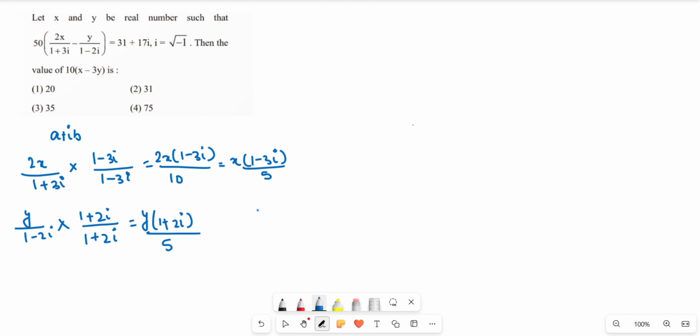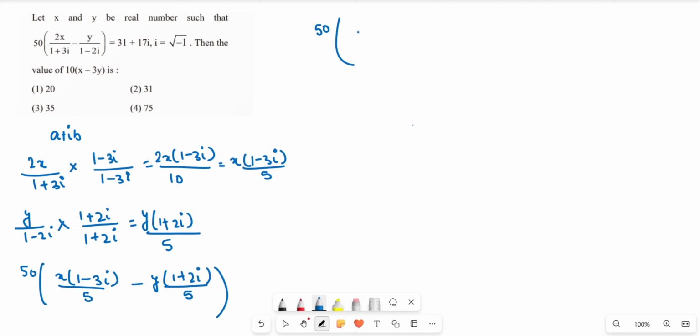Now I'll substitute these two values in our given equation. So our equation will be 50 times (x times (1 minus 3 iota) by 5 minus y times (1 plus 2 iota) by 5). Now if I take the LCM, I'll get 50 times (x minus 3 iota x minus y minus 2y iota) by 5.